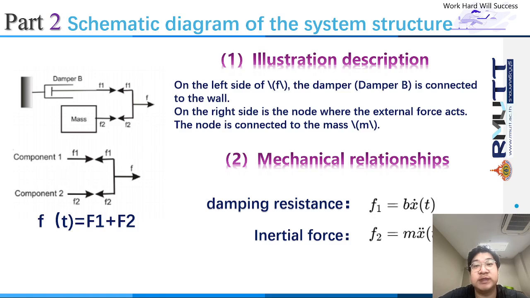As we can see from the figure, on the left side is a damper, labeled as damper B, which is connected to the wall. On the right side is a load, and the external force Ft acts on this node. At the same time, the node is also connected to the mass M.